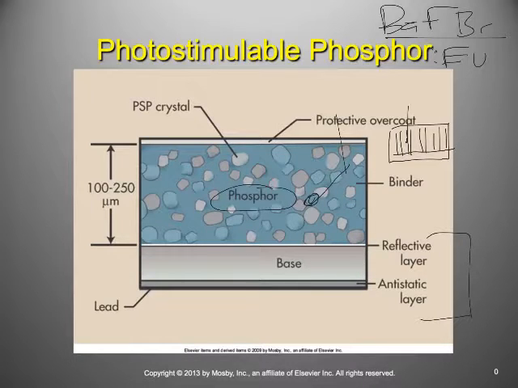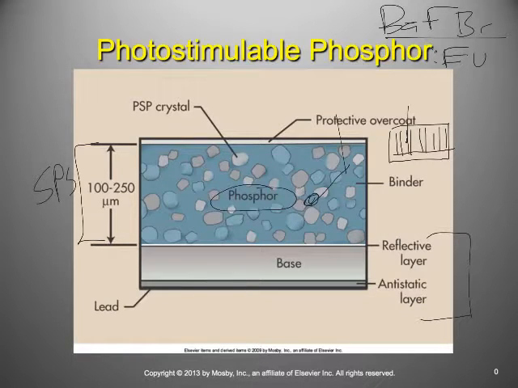This section here we're going to call an SPS. I know it's kind of confusing, but this section right here is a storage phosphor screen. So that's the main chunk in terms of the thickness of what's inside of a CR cassette. Inside this, there's actually a cassette housing that's just plastic housing, right? And then we have all of this stuff. This is what actually is pulled out and read. Okay.